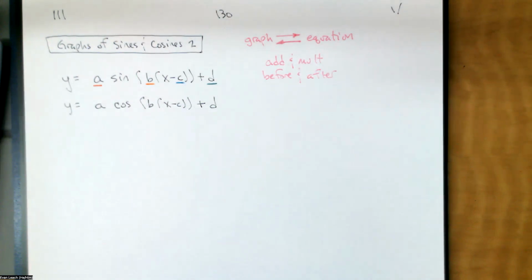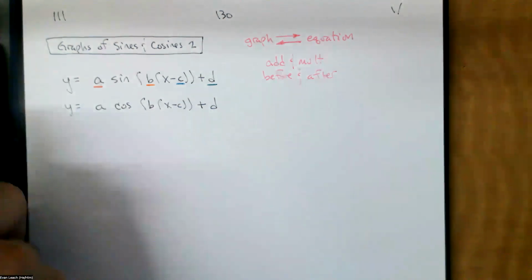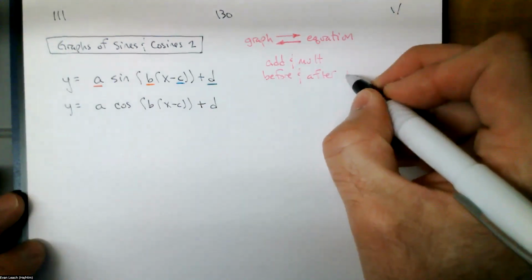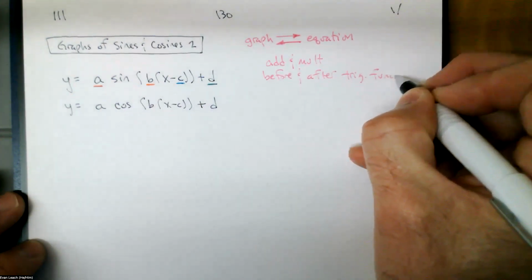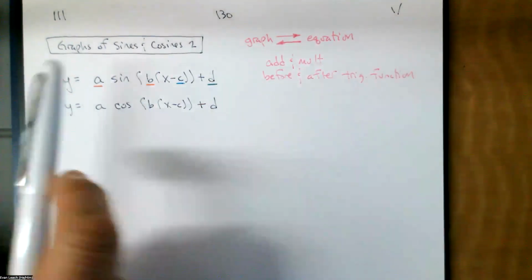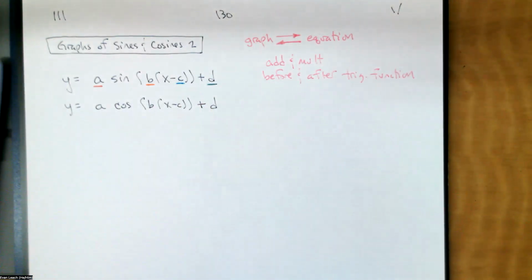We have addition and multiplication as operations, and these operations will take place before or after the trig function. The addition operations we have are C and D.